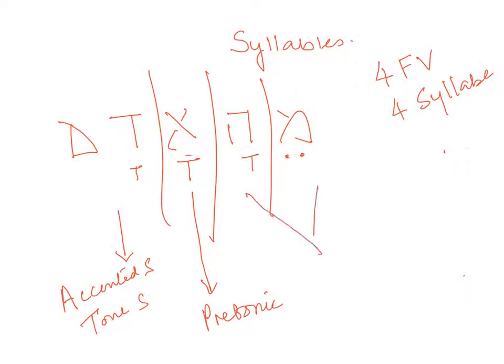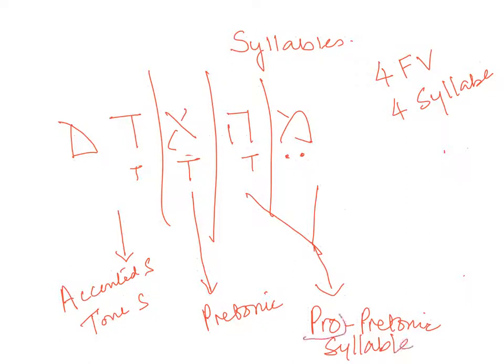Now, these two syllables are what we call pre-pre-tonic syllables, because they occur before the pre-tonic. So this is the pre-tonic, and it occurs before the pre-pre-tonics.